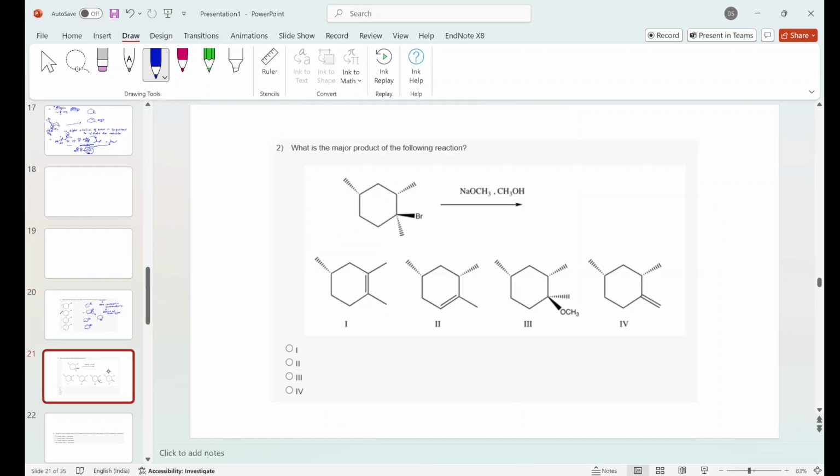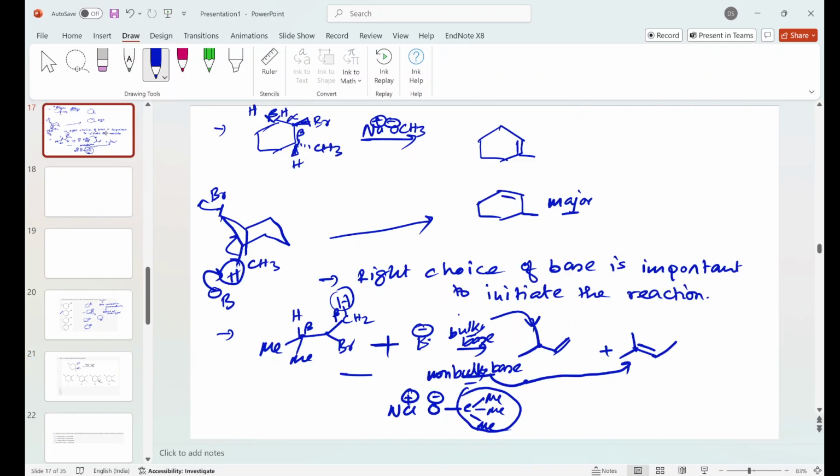Next question, what is the major product of the following reaction? You have NaOCH3 and CH3OH. You can check this bromo and this methyl are on opposite sides. So surely, as we have seen here, if they are on the opposite side, this part will be blocked from the methyl at the 180-degree dihedral side.